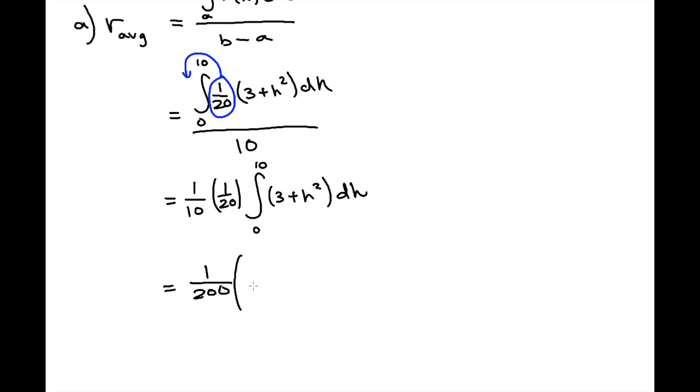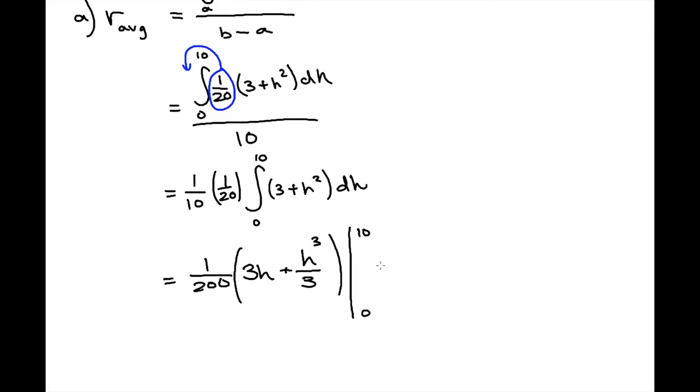Then we integrate: we'd have 3h, using the inverse power rule, remember, plus h cubed over 3. Add 1 to the exponent, divide by what you got there. We're evaluating this from 0 to 10.